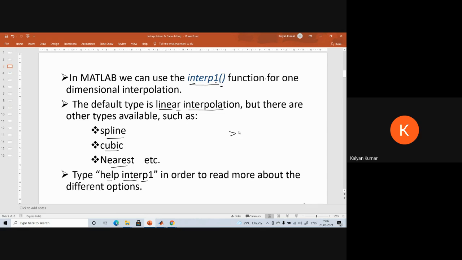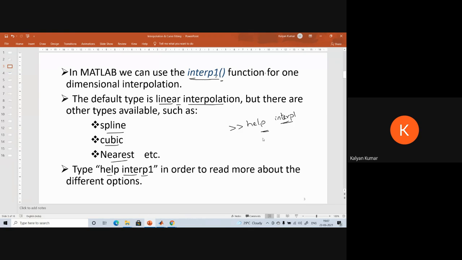In the command window, there will be a cursor symbol like this. After this prompt, if you type help interp1, you will get the entire information regarding interp1, how to use it and what inputs we have to give. Everything can be known by using this help function.